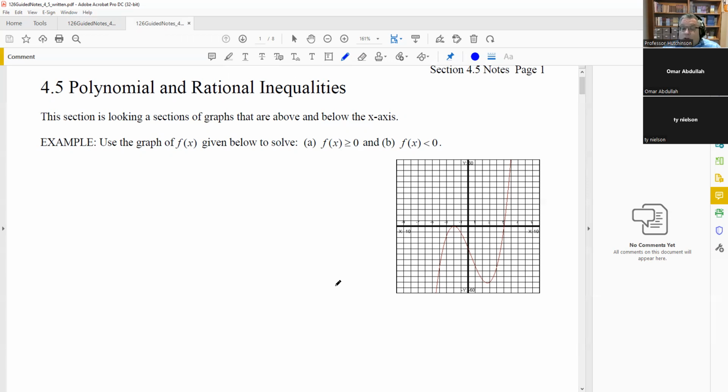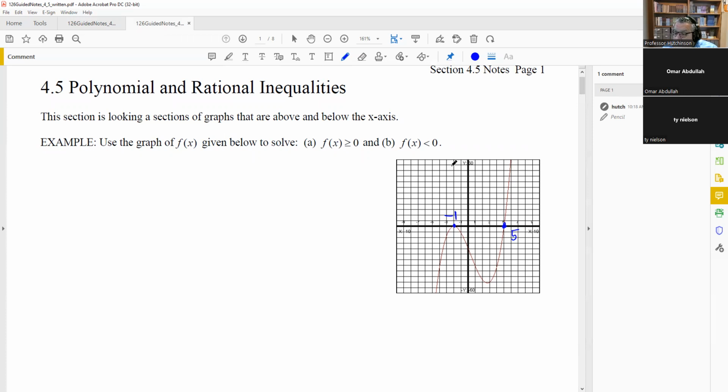So the first couple of questions that we're going to do here, now it might be hard to see this graph, but this here is at -1. That's -1 right here, and this crosses at 5. So at this point, it's going to cross at 5, right there.